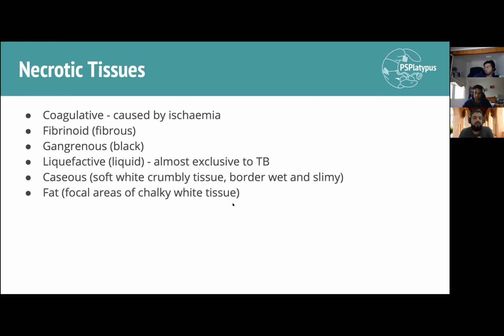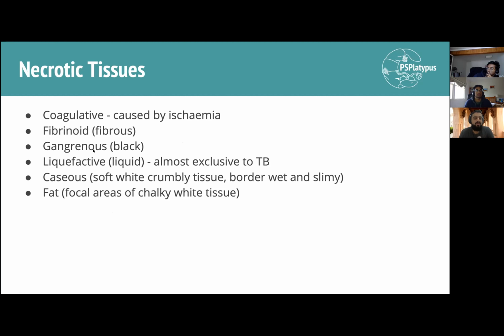So we can talk about the necrosis tissues or necrosis patterns based on their gross or morphological features. These are the types of necrosis of tissues produced by necrosis. So we have coagulative necrosis, which is caused by ischemia. We have fibrinoid, where fibers replace the damaged tissue.